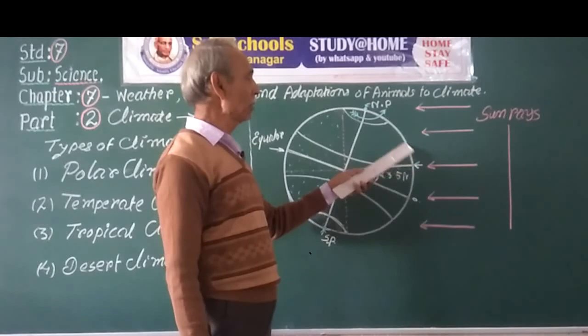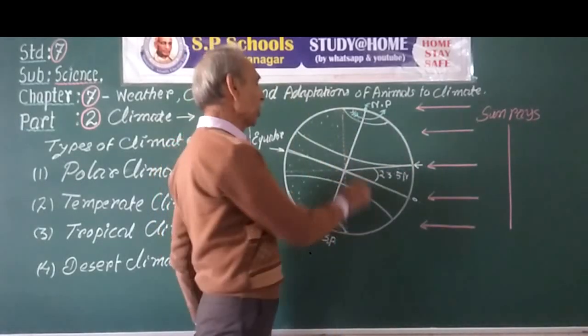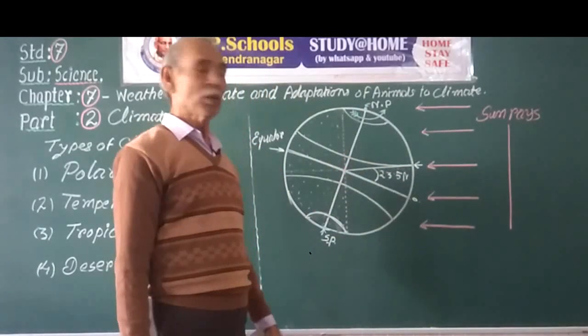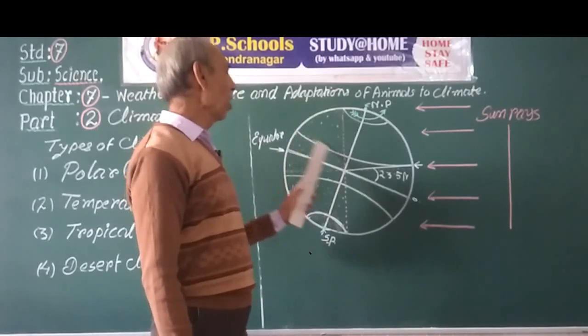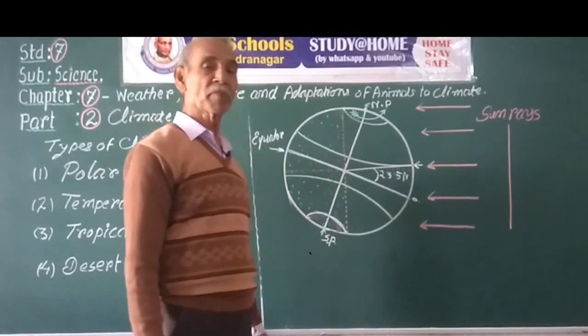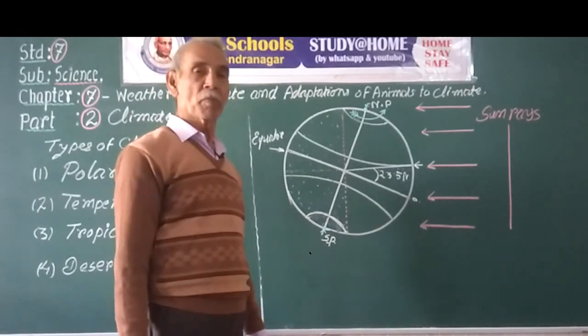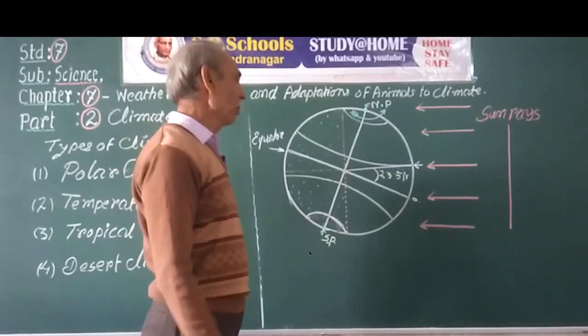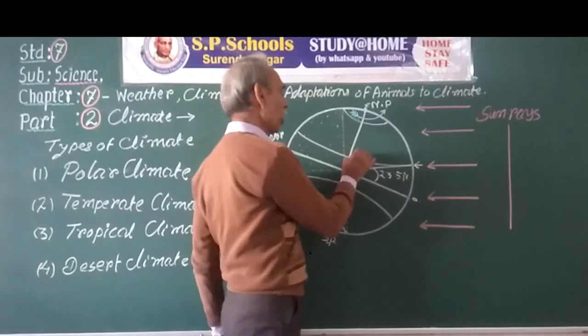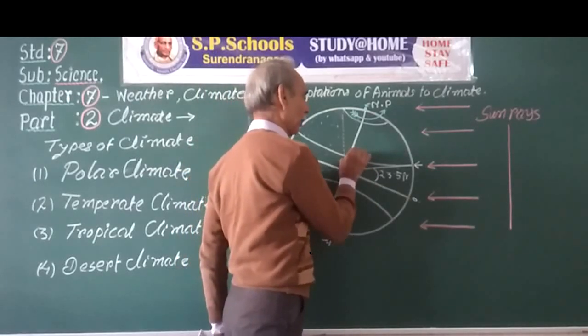The sun rays become slanting. So this northern circle along which the sun rays are incident normally during some time of the year is called the Tropic of Cancer.